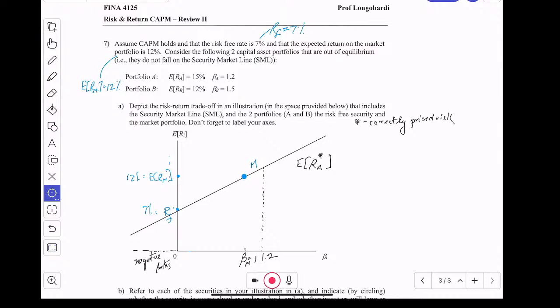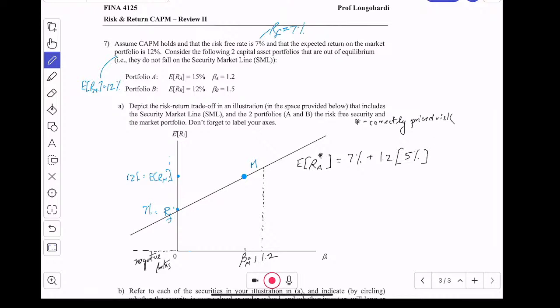So this is asset A's beta. We'll assume that is properly calculated, and then we want to use the capital asset pricing model to find out where it should be. So that would be the risk-free rate, which is 7%. I'm going to stick with percentages because it just looks easier. And then add that to the beta of 1.2 times the market risk premium, which is 5%.